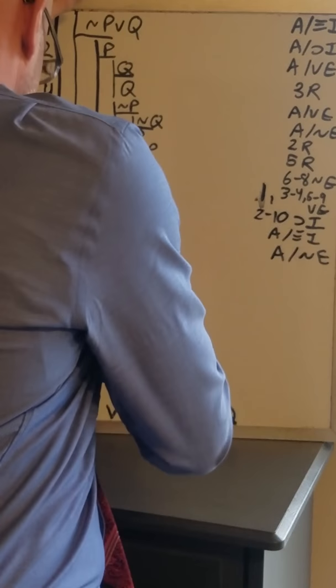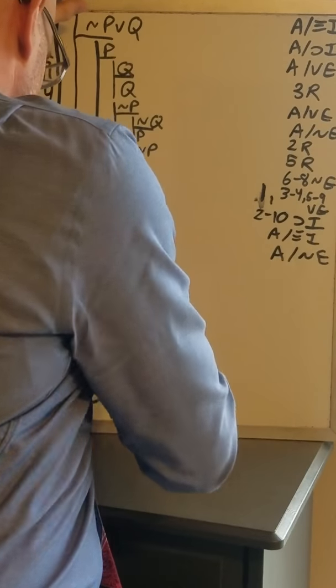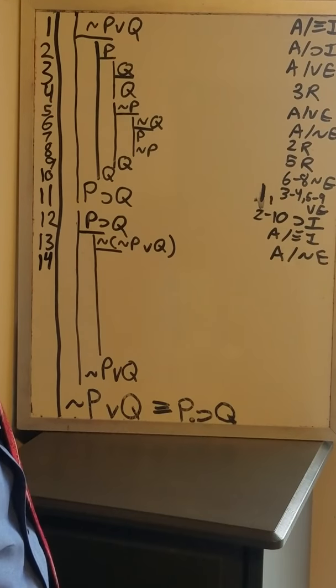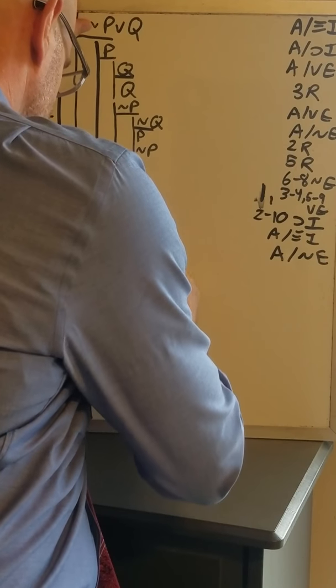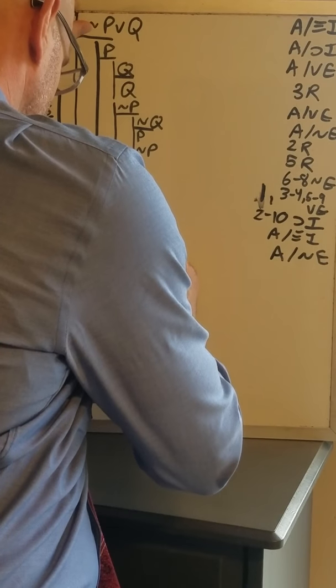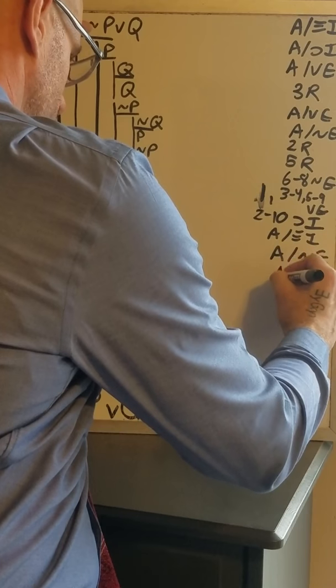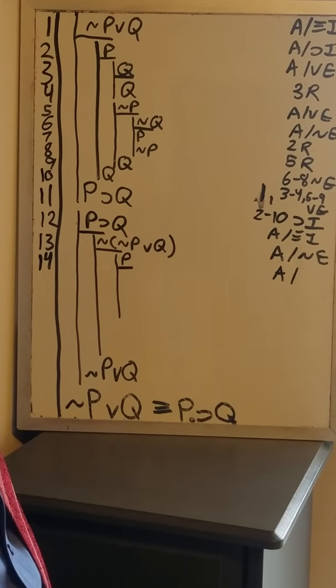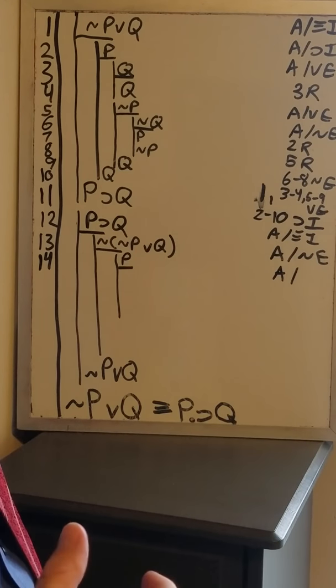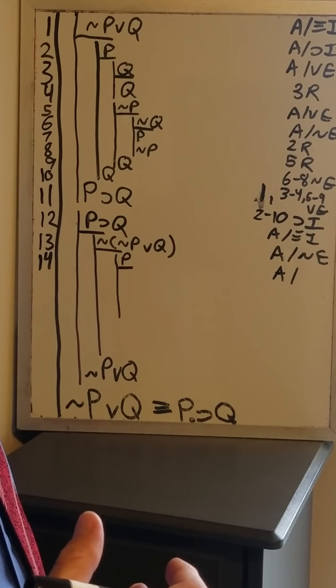So let's try this. Let's assume P. And we'll assume P for purposes of negation introduction. We'll try to show that P gets us into a contradiction.